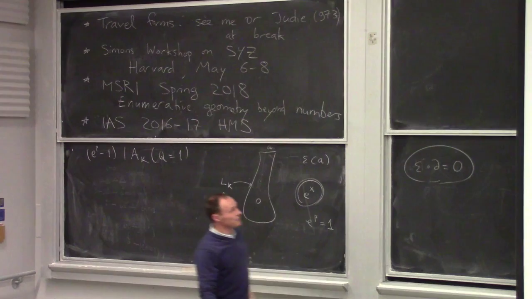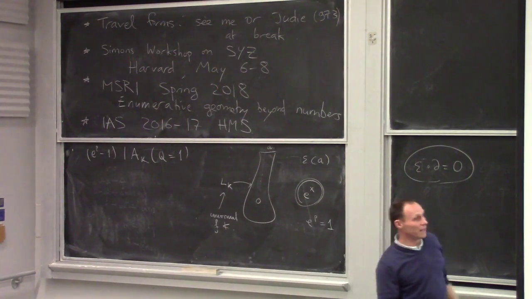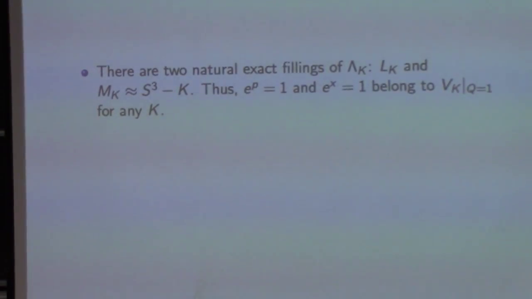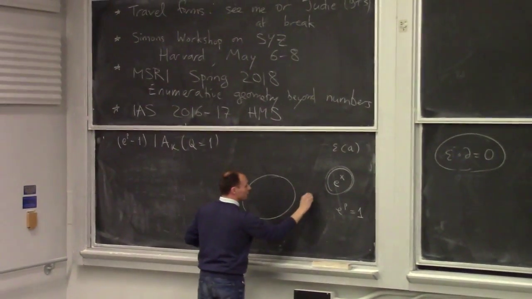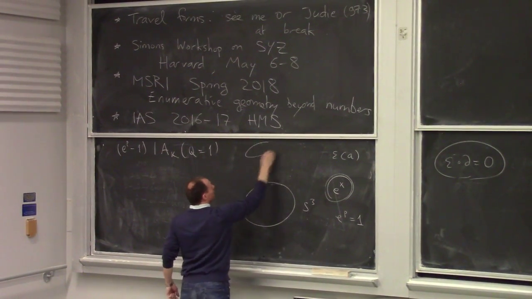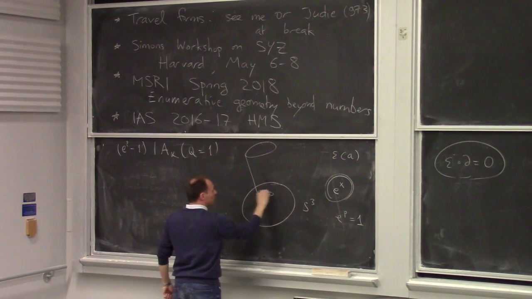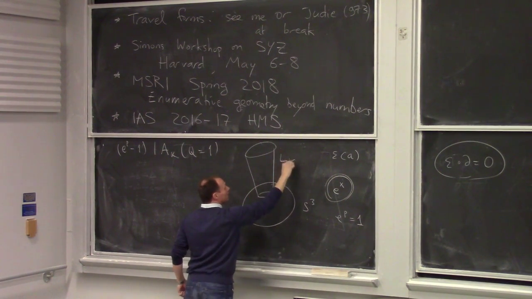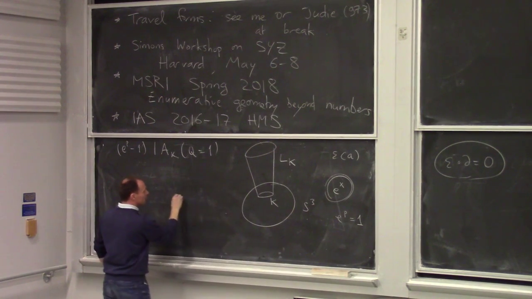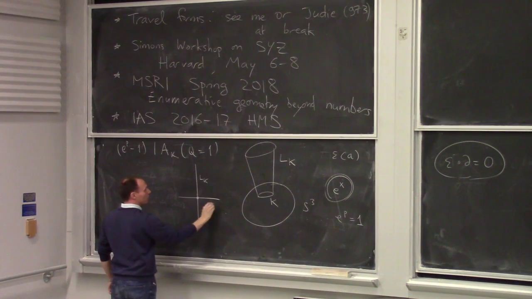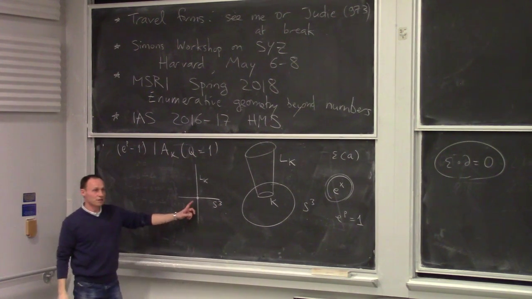So now we can actually see the same thing for e^x. Namely, if you think about the conormal, so here somehow it's this S^3, and then there are many ways to see this, but let's pick one. This is L_k, and this is K. So near the zero section, in fact, the intersection looks like this, right?